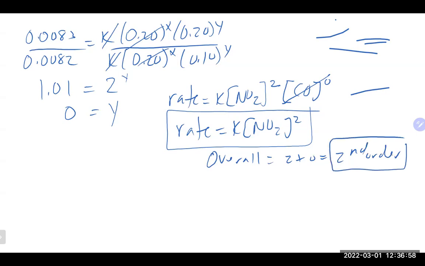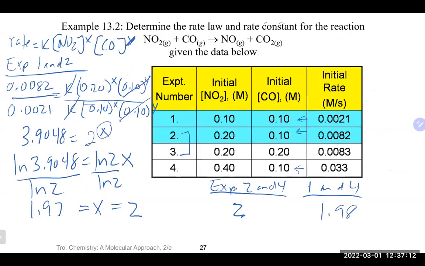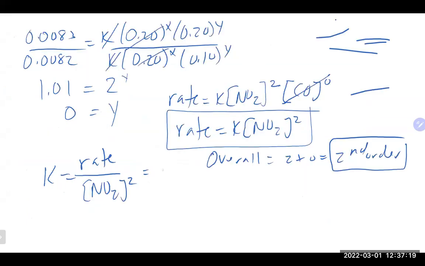And in this particular case, we would be looking at a K that would be equal to the rate divided by really NO2 squared in this case. And again, we could choose from any one that we want. So might as well just go with the first one. That's 0.1, 0.1, and 0.0021. 0.0021 molar per second, 0.1 molar squared, and obviously we don't need the other guy.